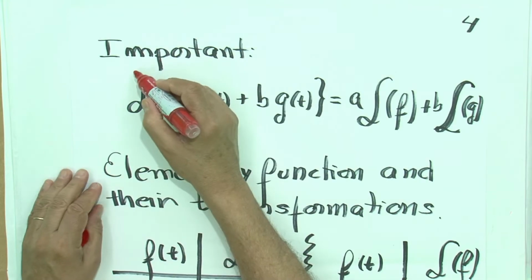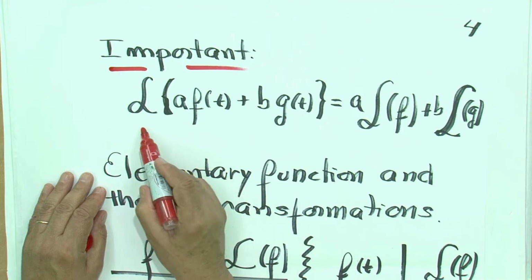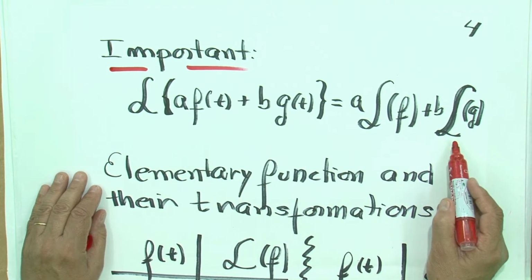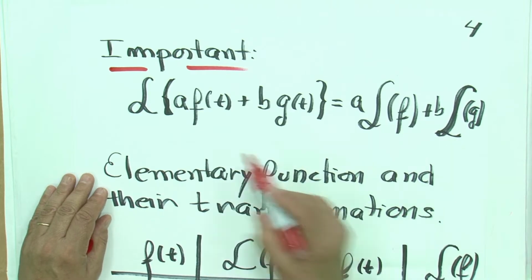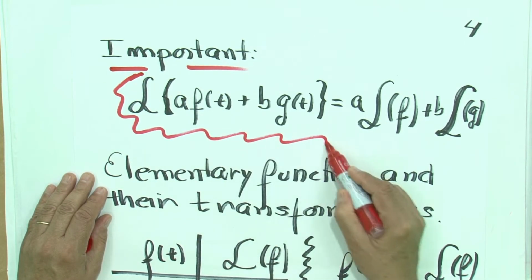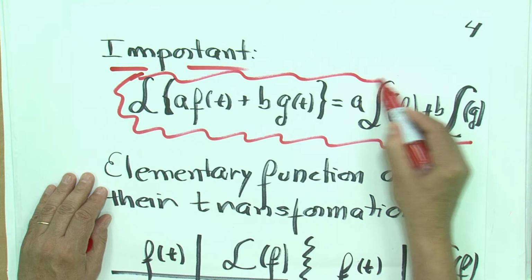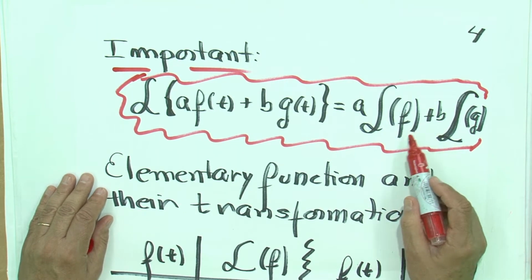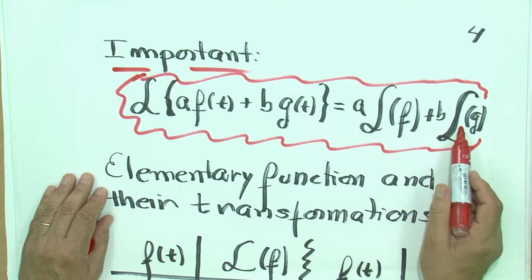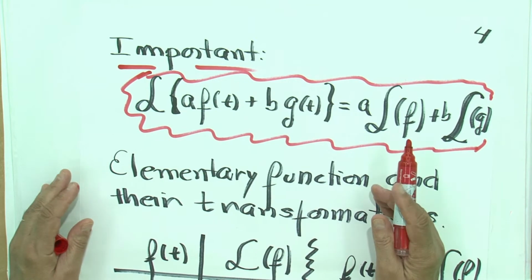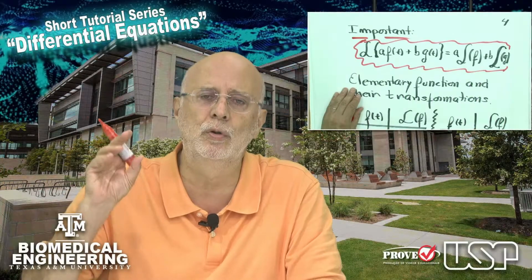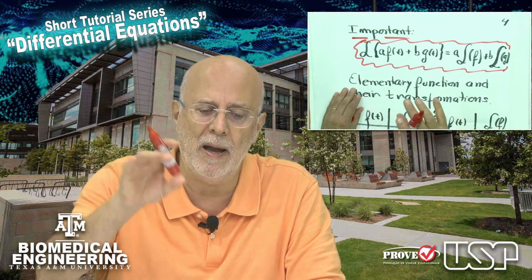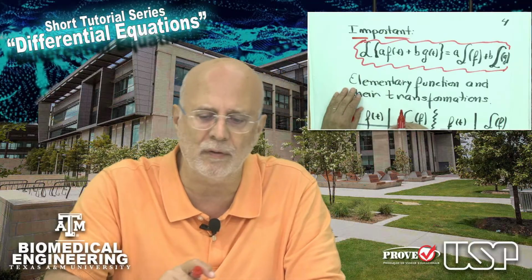So one property that is very important is this. The Laplace transform of a sum of functions is just the sum of the Laplace transforms. So if we have a sum of functions, the Laplace transform of the sum is the sum of the individual Laplace transforms of each of the functions. And of course, when you multiply the integrand of the integral by a constant, this constant comes out of the integral.